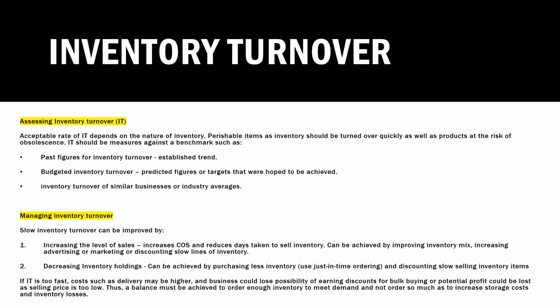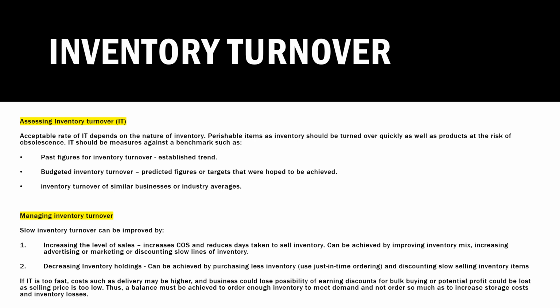Okay, or you could discount slow selling inventory items, again leading to a faster inventory turnover for those particular slow selling items. But what if inventory turnover is too fast? Costs such as delivery may be higher, and the business could lose the possibility of earning discounts for bulk buying.